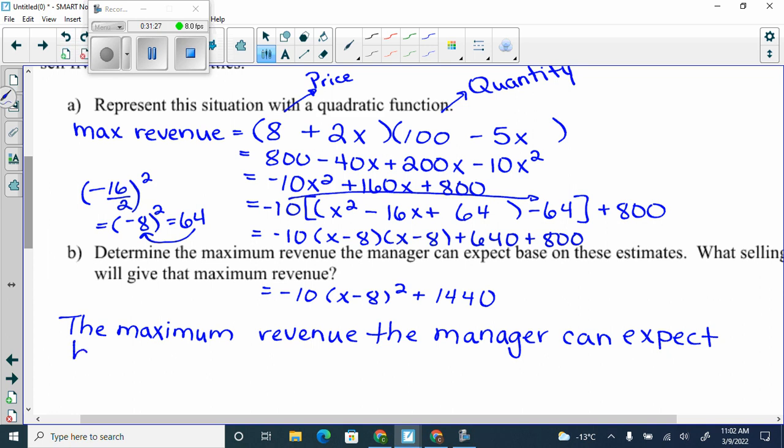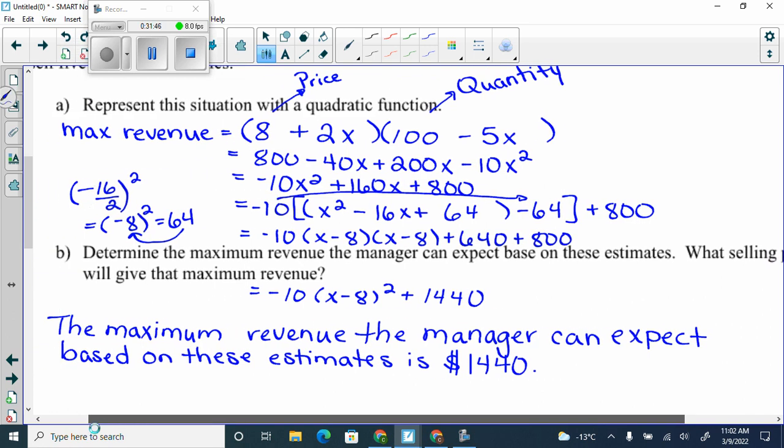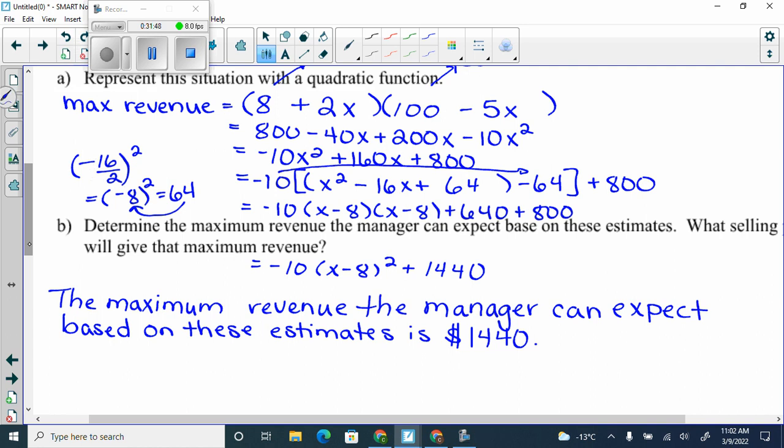Should say based, it's not based on. Terrible. Based on these estimates is a dollar sign, because it's money, $1,440. Then it says, what selling price will give me the maximum revenue? Which of those brackets do I care about right now?